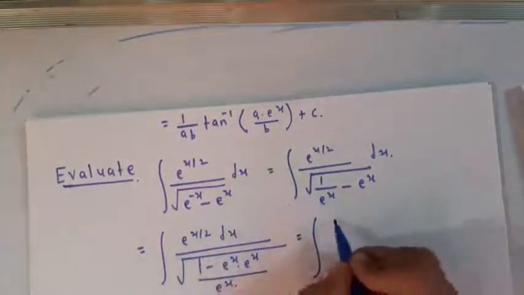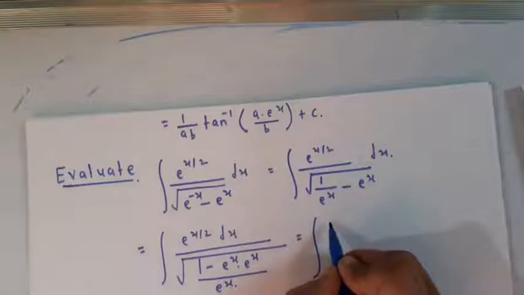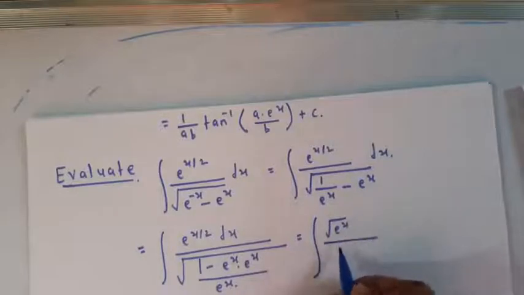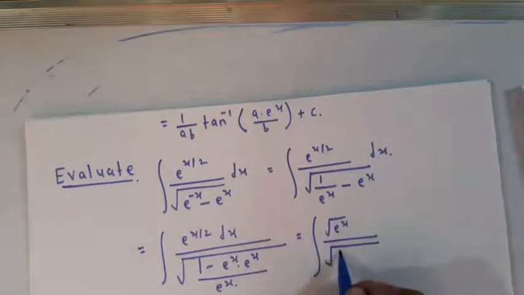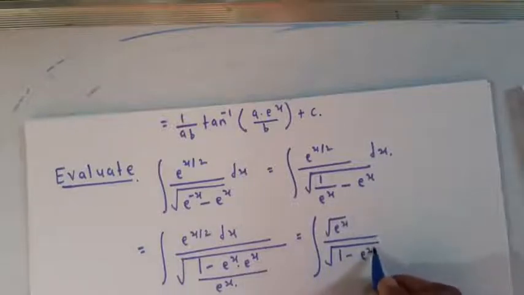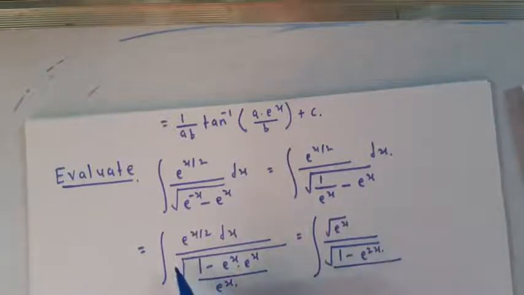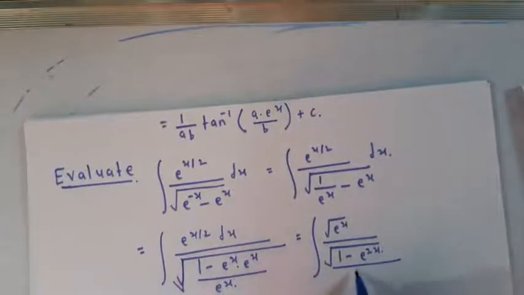We can write square root of e raised to x as e raised to x by 2, upon square root of 1 minus e raised to 2x, since e raised to x into e raised to x is e raised to 2x, and upon this square root of e raised to x, upon e raised to x.